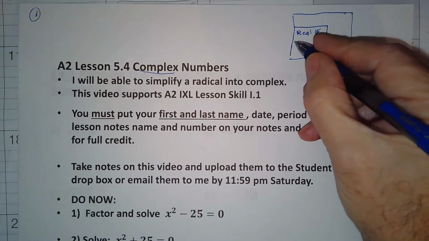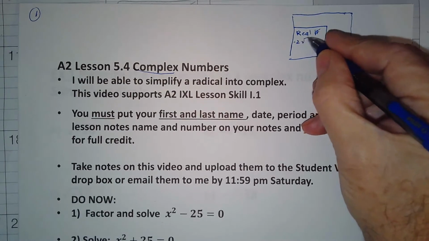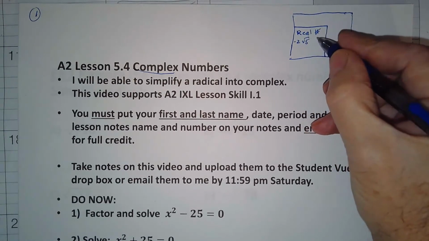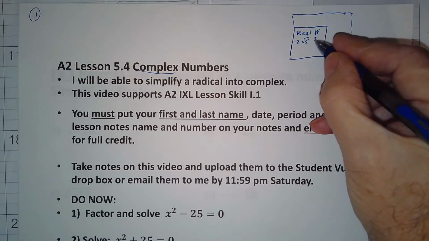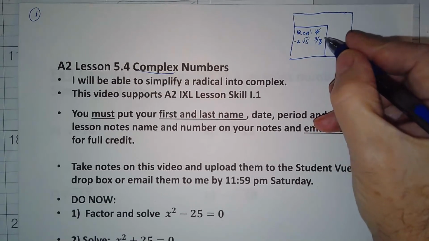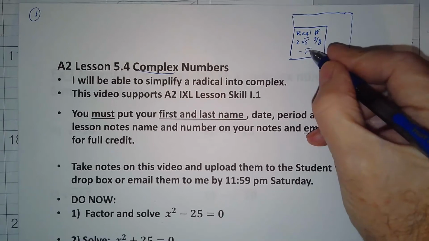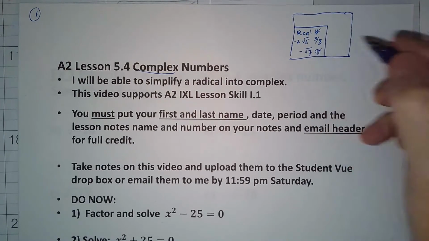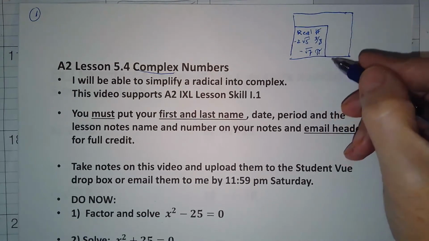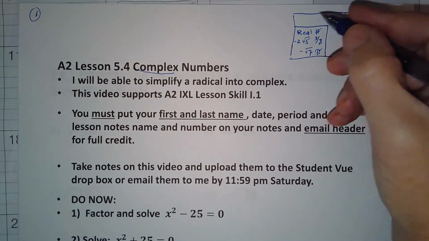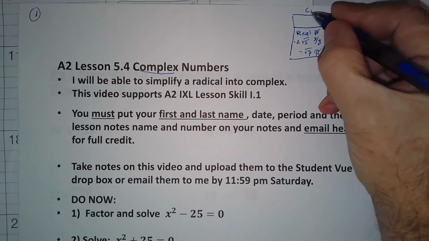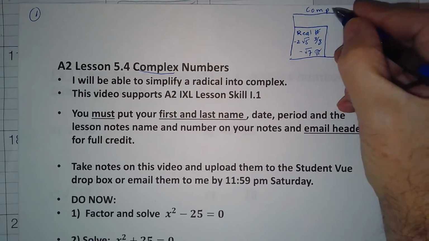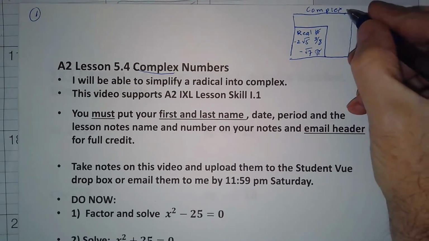So it could be -2, it could be the square root of 5, it could be 3/8, it could be negative square root of 7. It could be any of those things, or it could even be pi. Okay, those are all real numbers, but all of these numbers are part of a subset called the complex numbers.